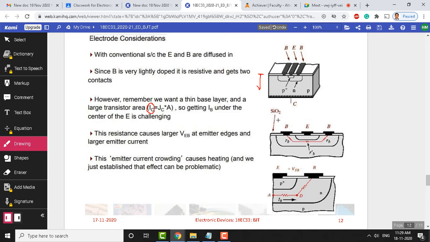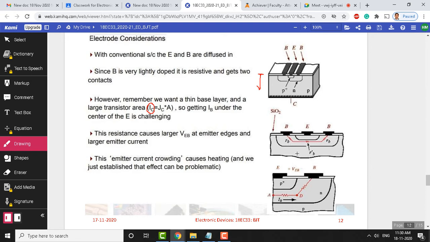We need to design properly so that power is not dissipated and current is not consumed within the base region due to the resistance the base region is offering. This resistance causes a larger emitter-base voltage at the emitter edges and a larger emitter current also, because of these resistances RB, this RB dash shown in the base region here.